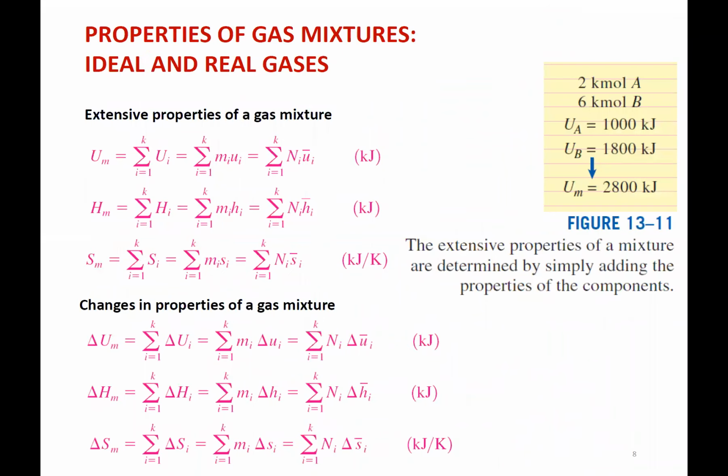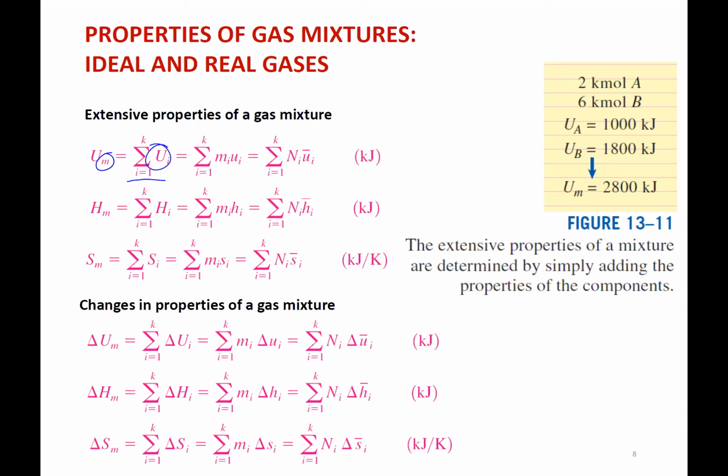All right, so then we have mass fractions, mole fractions, pressure fractions, volume fractions. We use all this. Now, how do we use those to get properties? Well, if we're looking for the internal energy of the mixture, we just sum up the internal energies of each component.